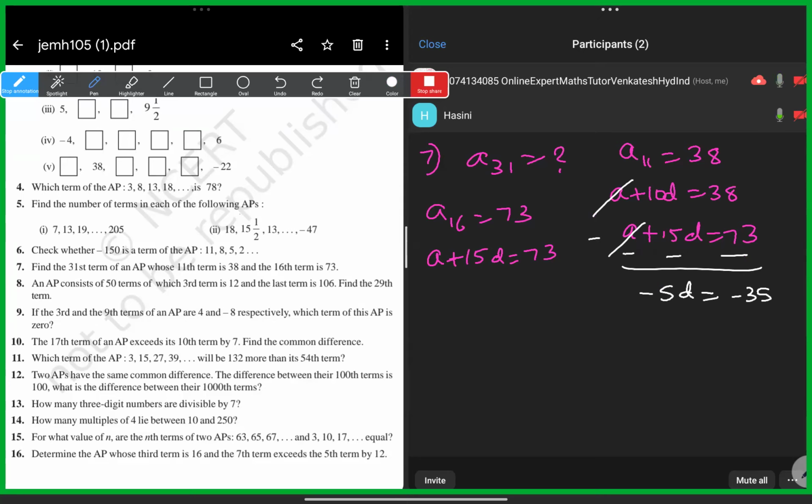So d is equal to minus 35 by 5, d is equal to minus 7. Any doubt? No, sir. Okay.